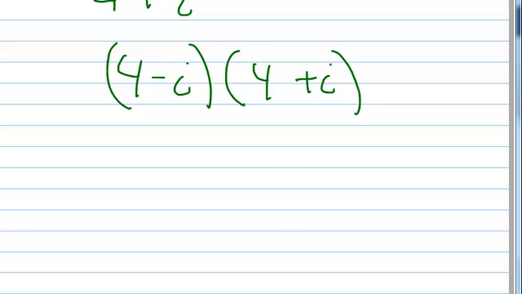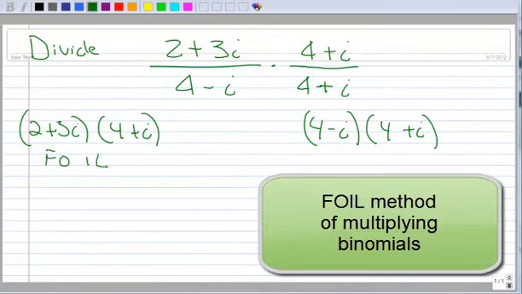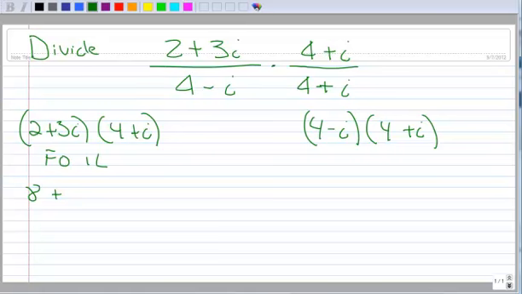Okay, so in the last video I multiplied with the box method, so I'm going to do this with the FOIL method instead. So 2 times 4, that's 8, and my outsides are 2 plus i, so that's plus 2i. My insides here are 3 times 4 is 12, so that's 12i, and my last, 3i times i, is 3i squared.